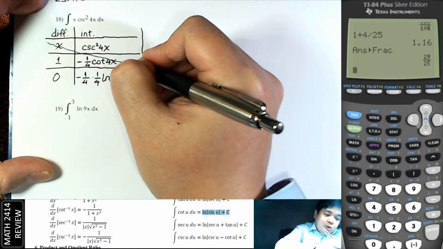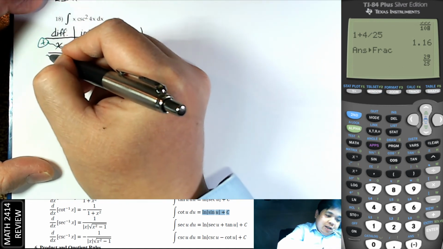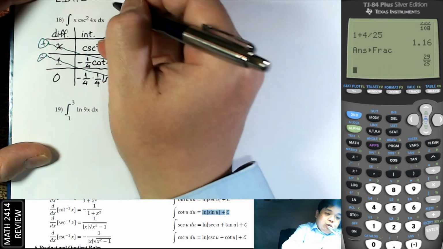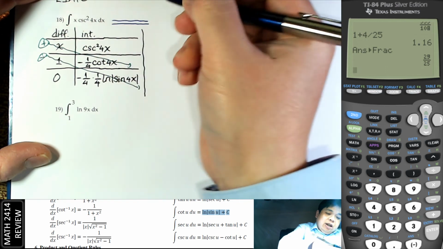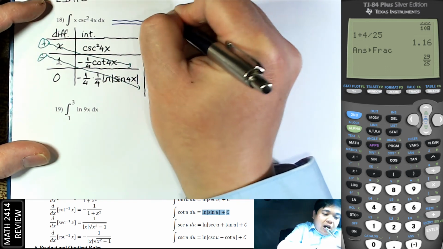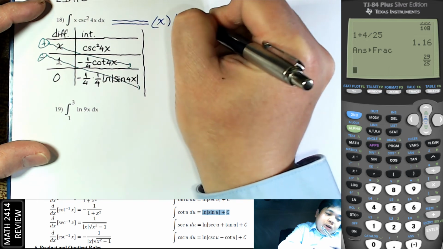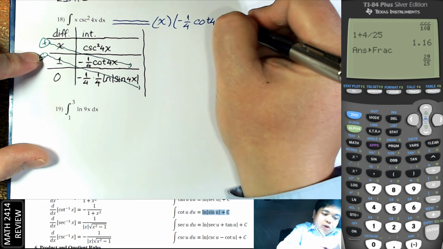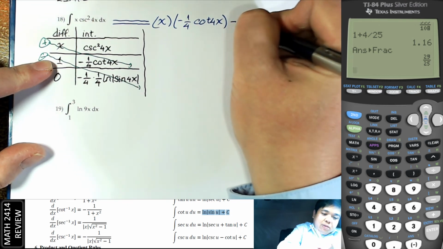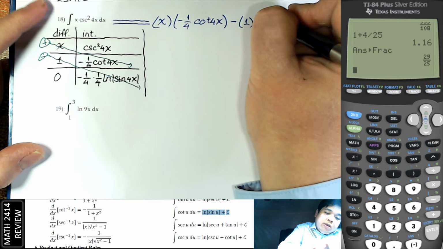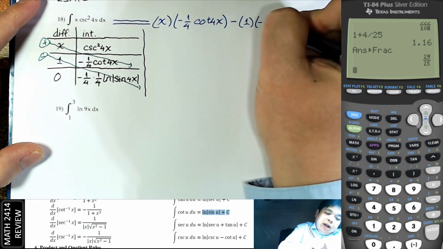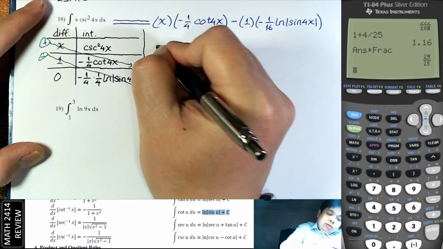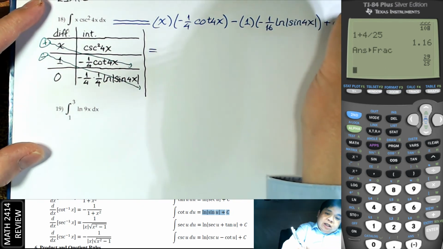So the first one's positive, and then this negative, and everything after that will be 0. So that's all we have. Right, so first x times negative 1/4 cotangent of 4x, and then subtract 1 times that's negative 1/16 ln of sine of 4x, of course plus a constant c.